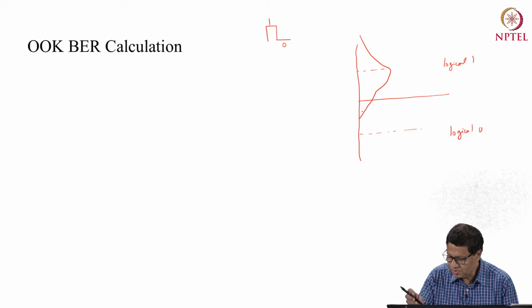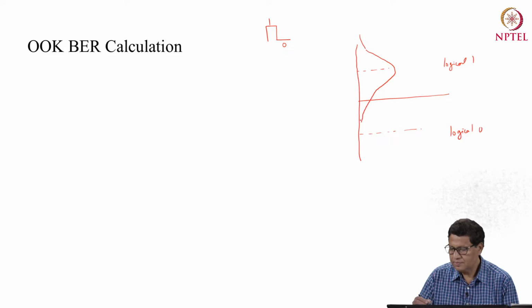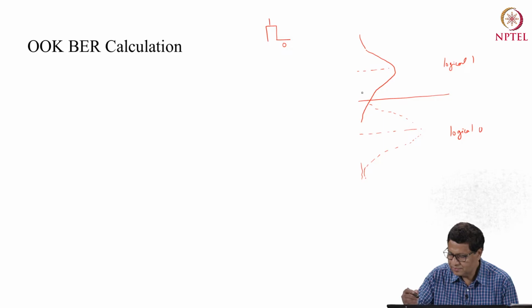This should go to 0, and for logical 1 the same, so I am drawing it with a dash. So this is also dash here.